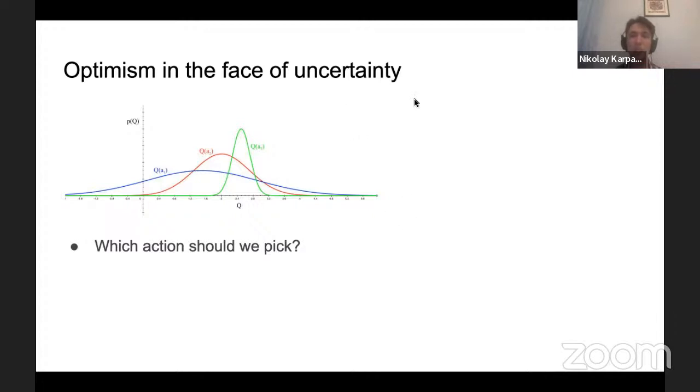This is the distribution of the reward function built on the previous experiences. So we have some history of past events, and we have estimated the distribution of rewards that we get for each of the three actions.